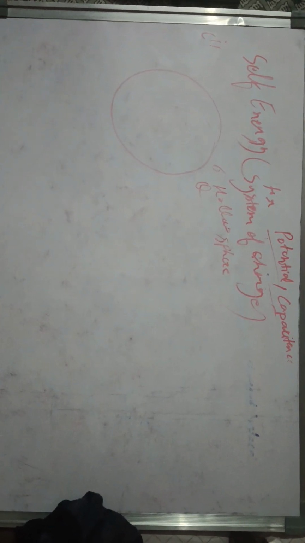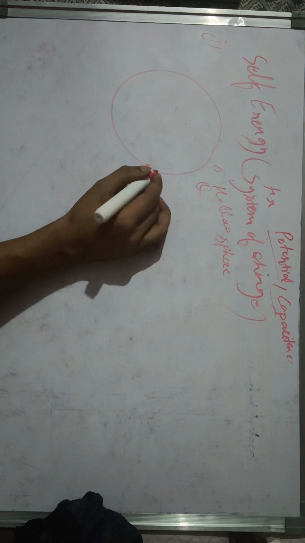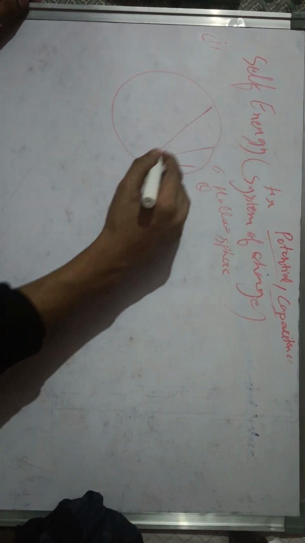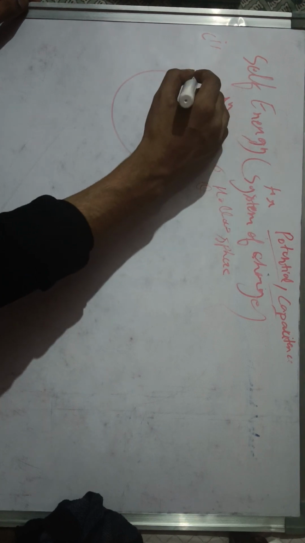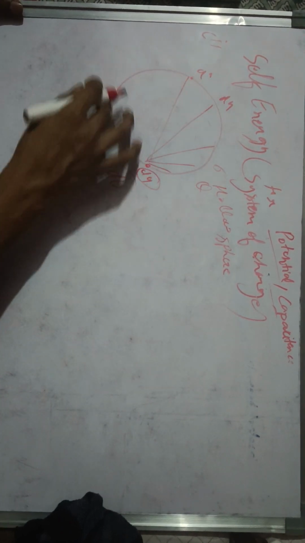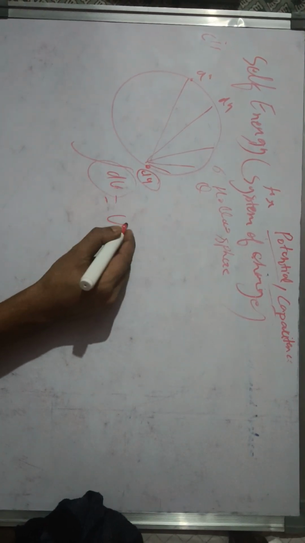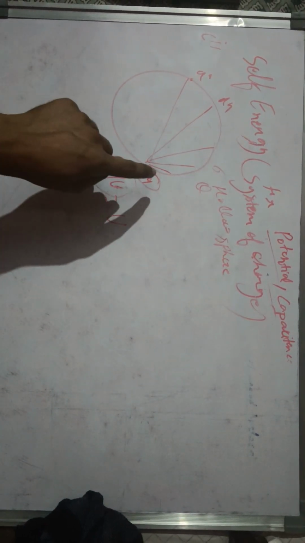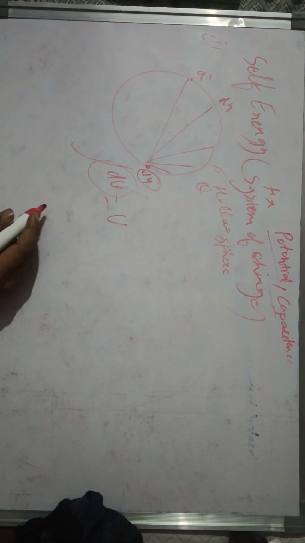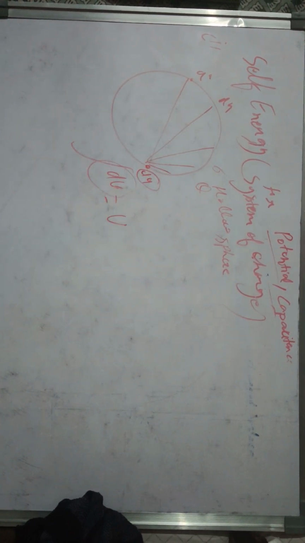Since it has charge q, each small charge dq on its body will have some potential energy due to the charge at other locations. This will give some du potential energy. Each of them will give some potential energy du, and taking the sum of all this potential energy, we will get the total potential energy of this whole system. So the whole system's potential energy will be equal to the summation of the individual potential energies.